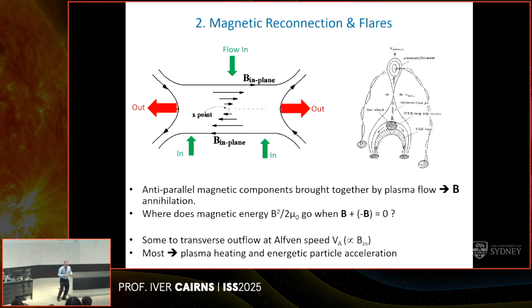And that's exactly what's happening here, the burger model. The plasma gets pushed out here, and it turns out that it gets pushed out with a characteristic speed, the so-called Alfvén speed. I won't try and explain that more, but if someone has a question about it, I'll talk to you about it.